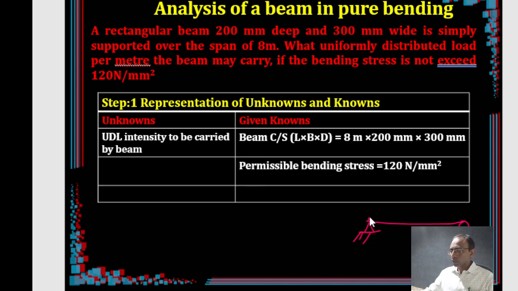Basically it is a simply supported beam. And the dimensions of the beam were also given. Here you have a beam with a width of 200 and a depth of 300.